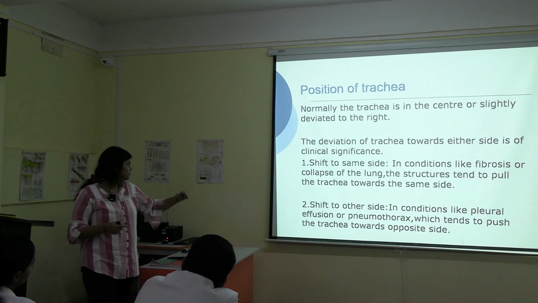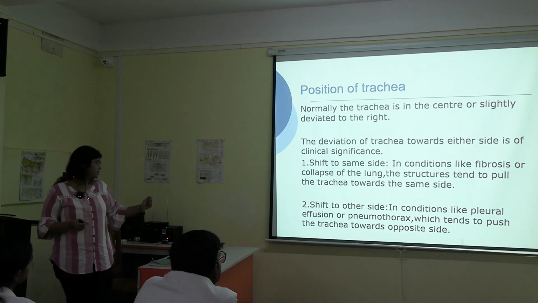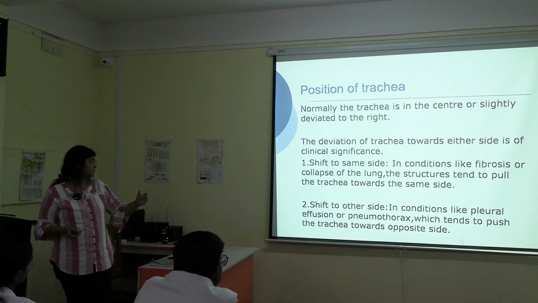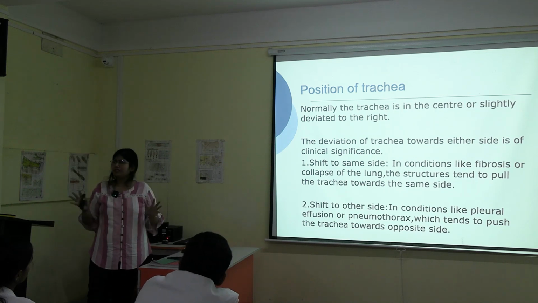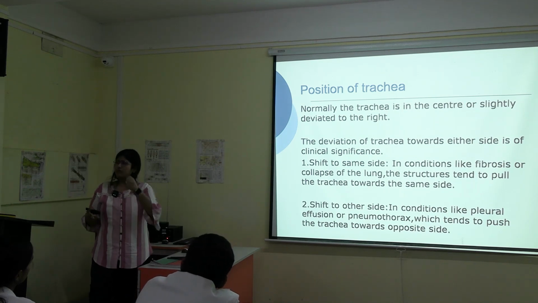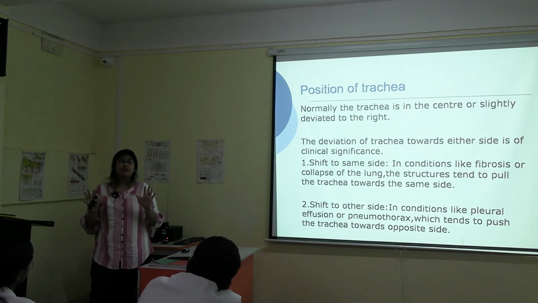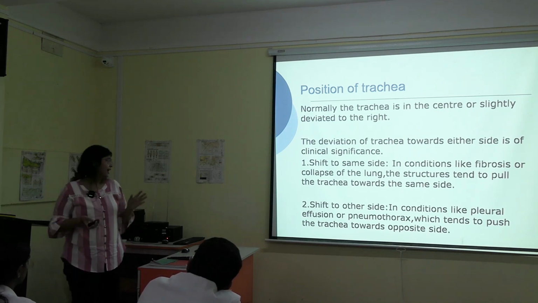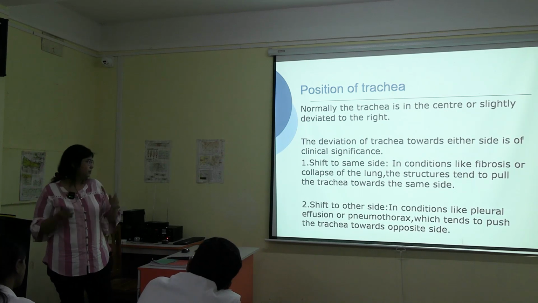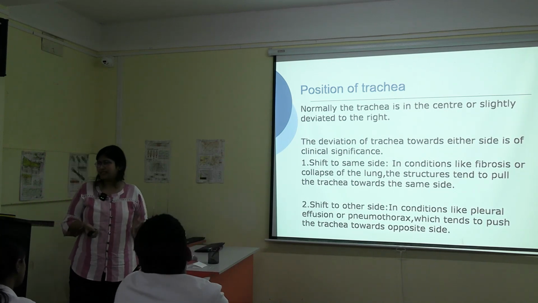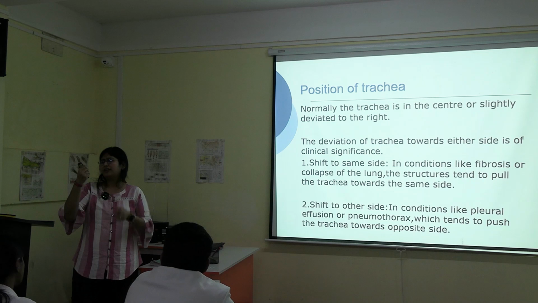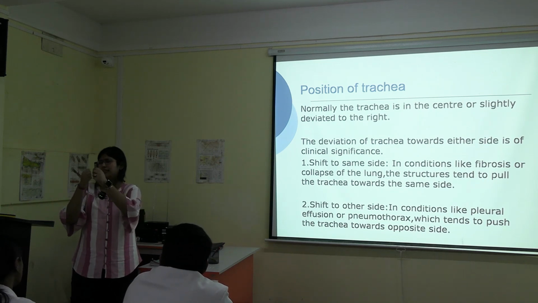So shift to the other side: pneumothorax, pleural effusion. Shift to the same side: fibrosis, collapse of lung. Think normally, think logically. If the lung is collapsed, will it pull or push? Pull, right? All agree? And some will push it, like effusion, pneumothorax. Just think of it like this: there is a balloon, and there is this other balloon.